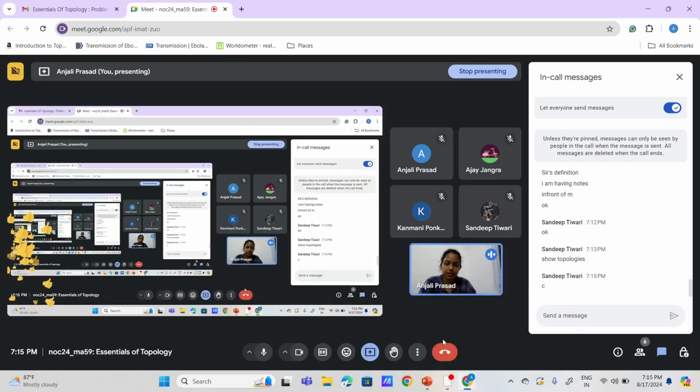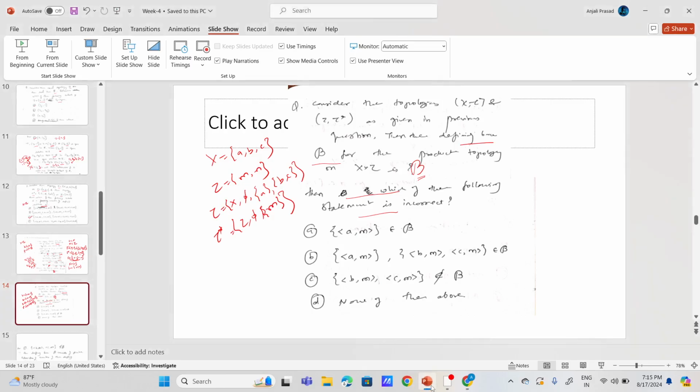Okay, you're saying option C. And also find the basis.